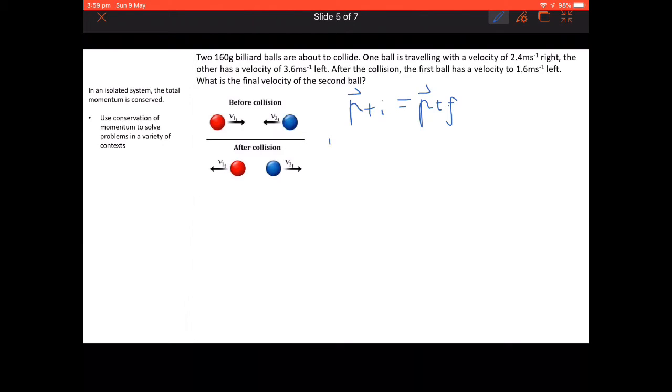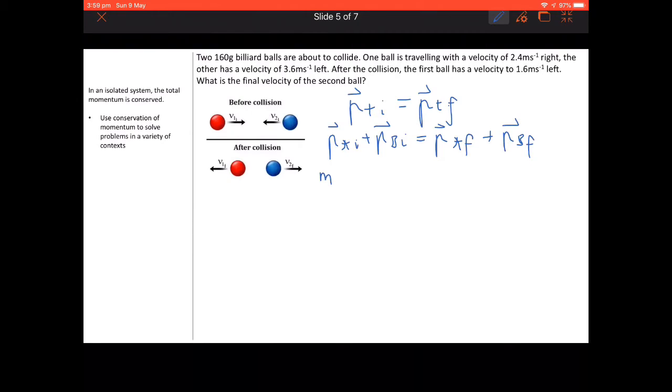So that means that the momentum of A initially plus the initial momentum of B will be equal to the final momentum of A plus the final momentum of B.